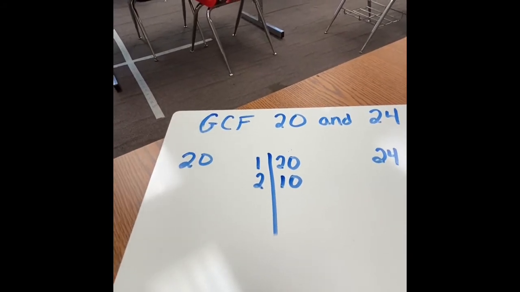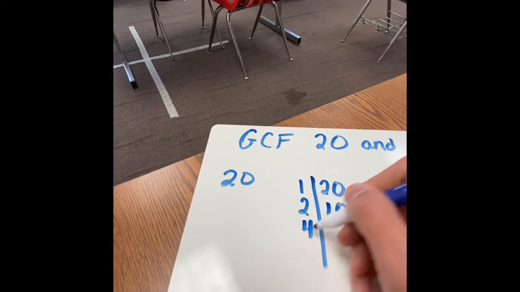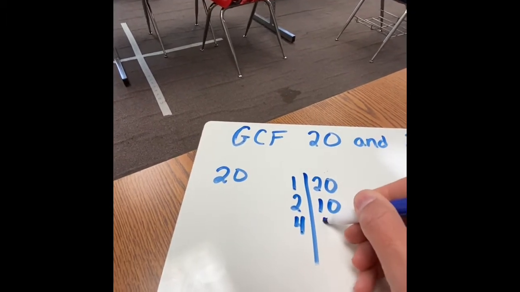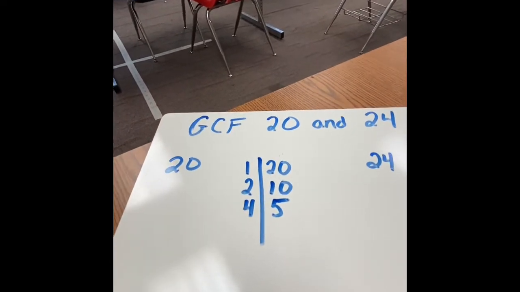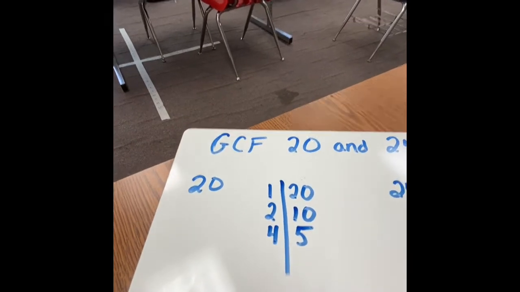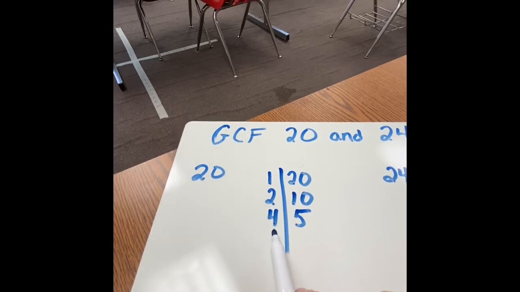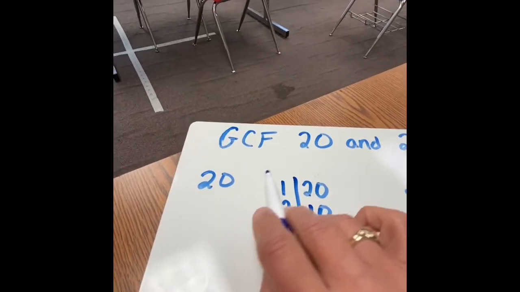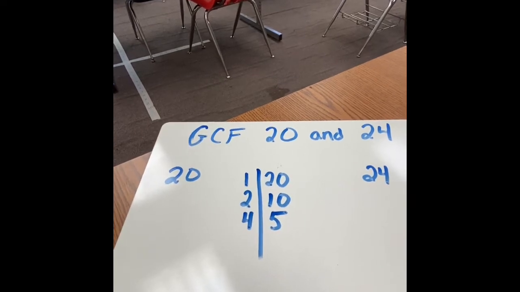So let's move on to 4. 4 times what gives 20? 4 times 5, doesn't it? Now 20 divided by 5 is 4, and we repeat, don't we? We already have a 4 and a 5. So when we repeat, that tells us we found all the factors. So you can stop there.